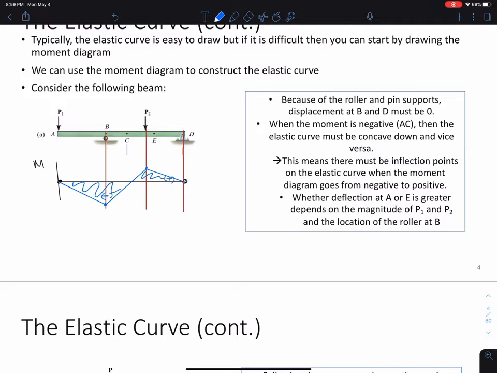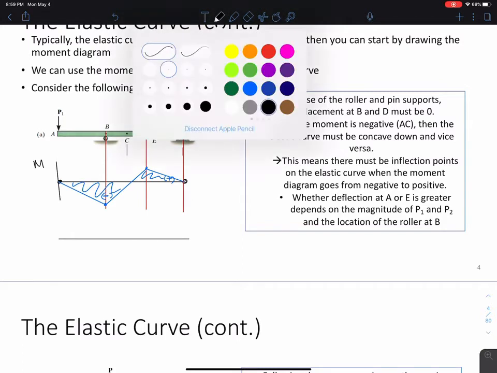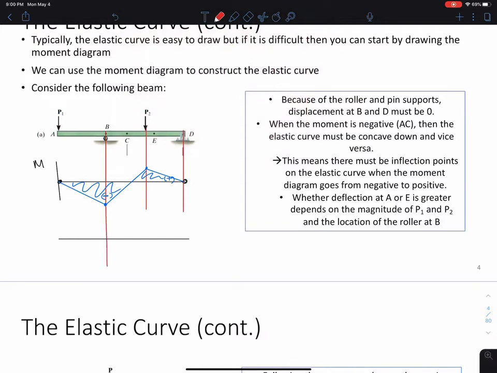So what we know about the elastic curve here, which is this deflected shape, let me continue drawing these lines here. And then we have some important points C and E that are already drawn for us. So what we know about this, if black is our original line, the black line is our original beam.